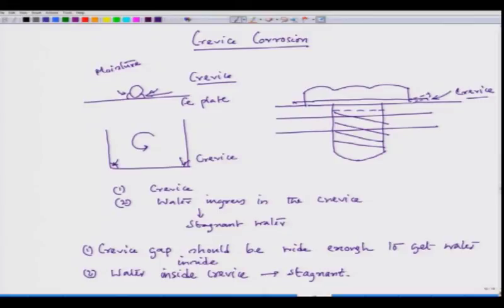When we have these two situations met, the corrosion in the crevice region is extremely high. The rate at which dissolution takes place in that region would be so high that the surrounding region might look very clean, but there could be corrosion towards the depth direction.